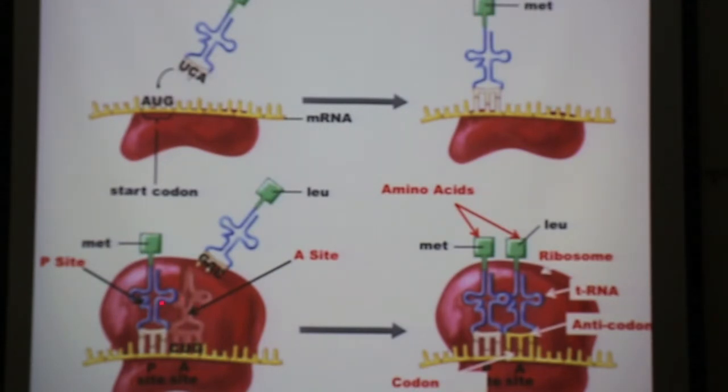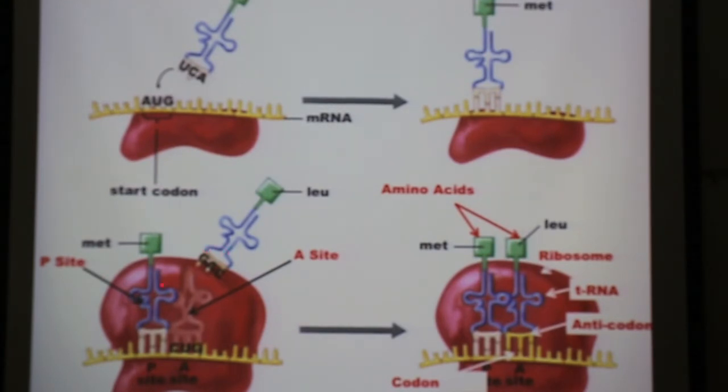So we'll talk about these 2 sites, the P site and the A site. Your tRNA molecules will come floating in and will base pair with their appropriate anticodons. So the anticodons, once again, are on the tRNA and the codons are on the mRNA.